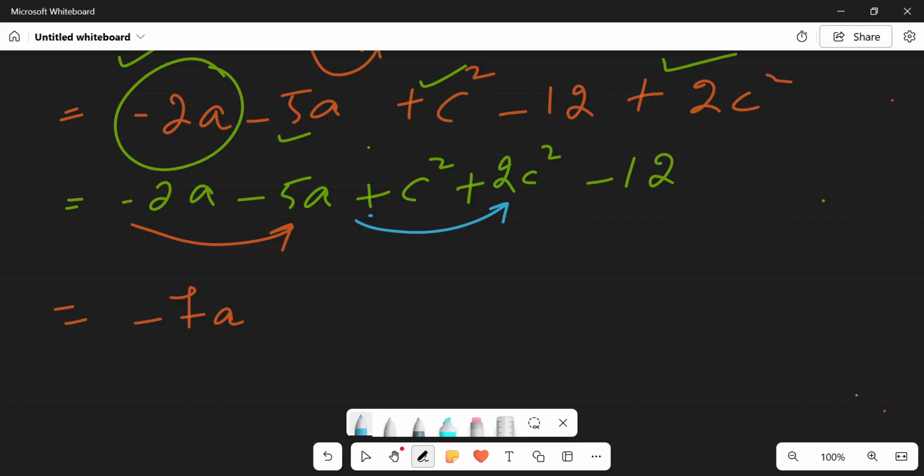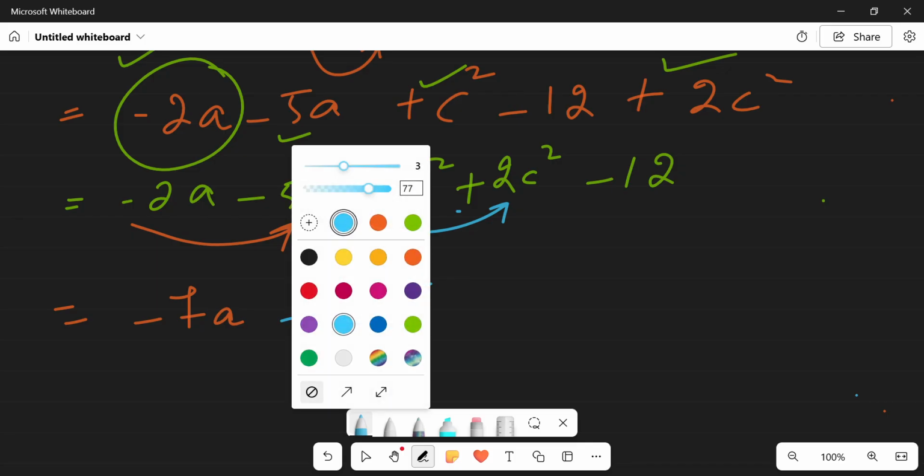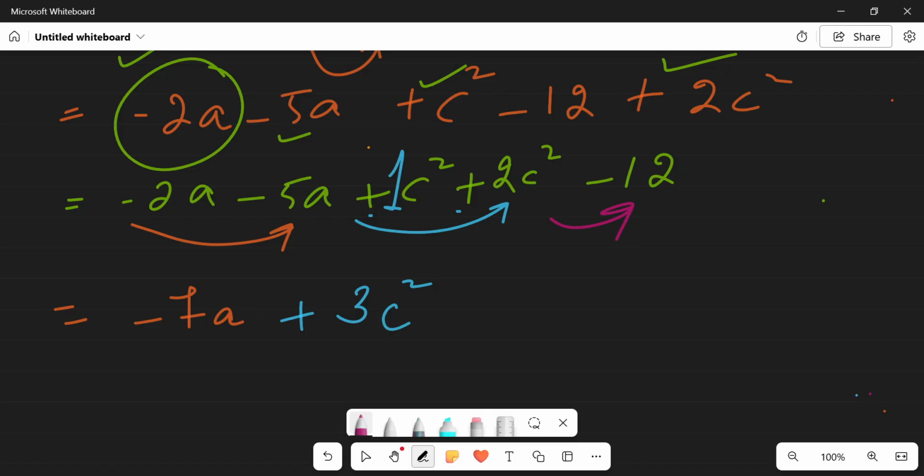Plus here and plus here, plus plus plus, 2c square and c square. C square means 1c square. That gives you 3. 2 plus 1 is 3. And we'll take c square common. Now what's another term? It's only minus 12. That's it, minus 12. So all these terms are different variables.